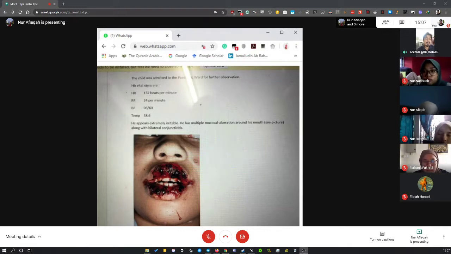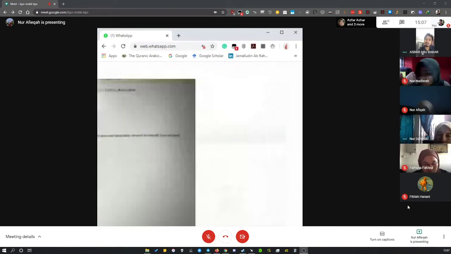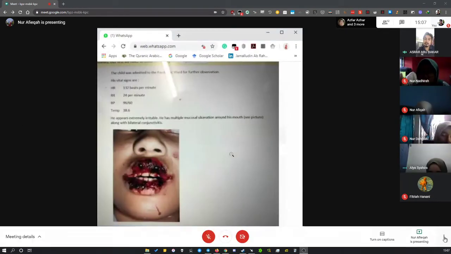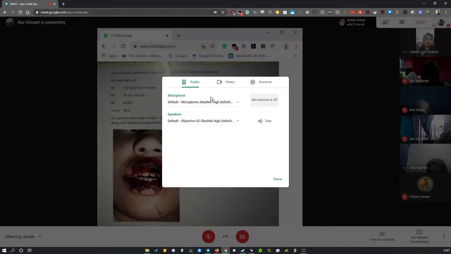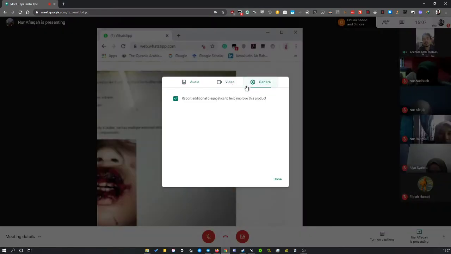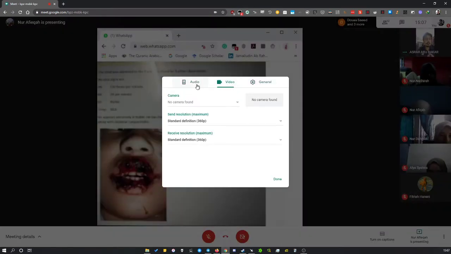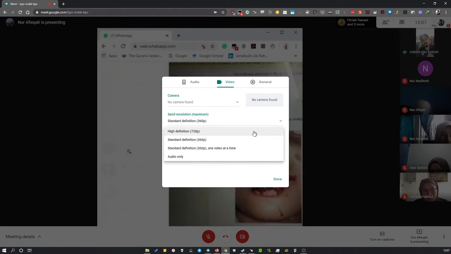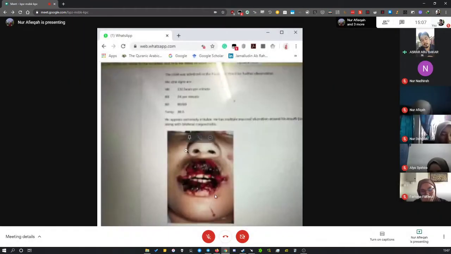Okay, any other tests would you perform? Is there any test for Stevens-Johnson? Skin biopsy. Yeah, unfortunately there's no bedside test you can do, but skin biopsy is the only way to actually give you a definitive diagnosis.